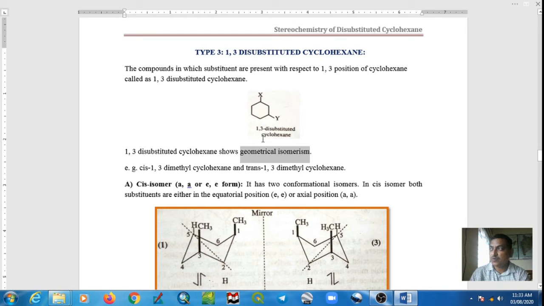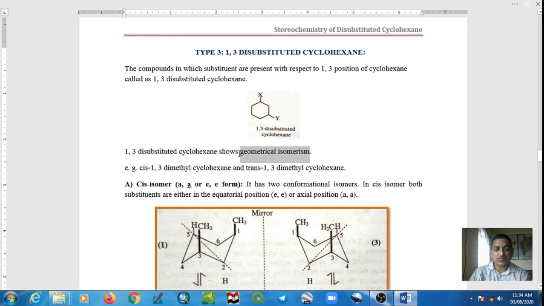As we know, in case of 1,1-disubstituted cyclohexane, geometrical isomerism is not possible because both substituents are present on the same carbon. But in case of 1,2-disubstituted, 1,3-disubstituted and 1,4-disubstituted cyclohexane, geometrical isomerism is possible, that is cis isomerism and trans isomerism.